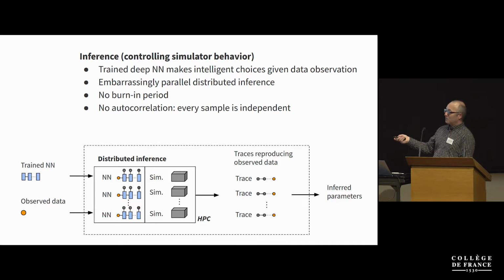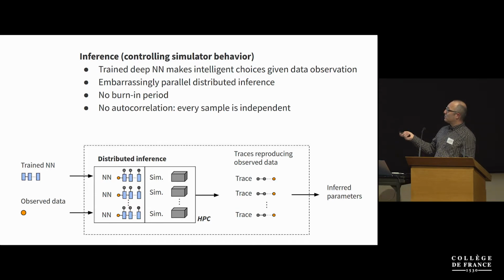This time, we make use of that trace recording facility to actually control the simulator. Basically, the neural network replaces the prior distributions in the simulator. At every step of the execution, we go to the neural network, we ask the network to give us a distribution for each random quantity that the simulator is going to produce. Basically, we replace the prior with the proposal that is coming from the neural network.